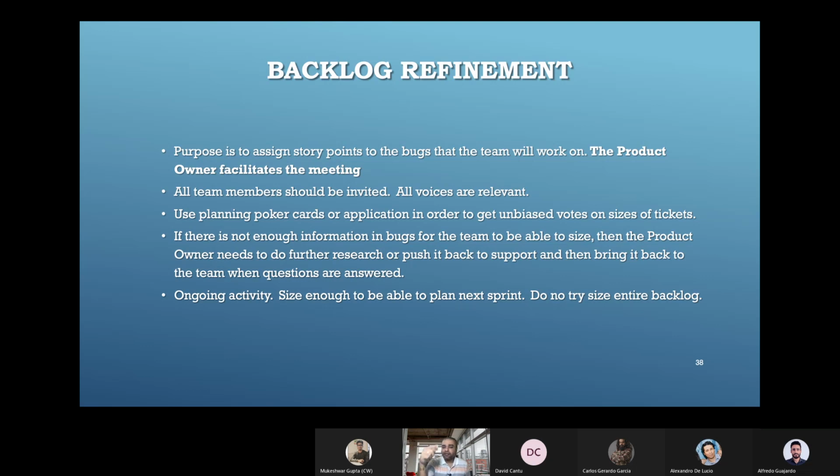So this grooming work we won't do in the sprint planning. The grooming work we'll do prior to the sprint planning, so that we are very sure.